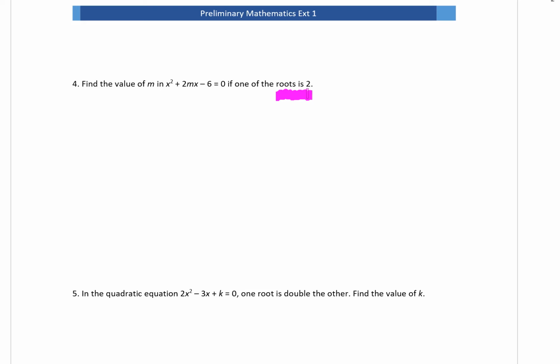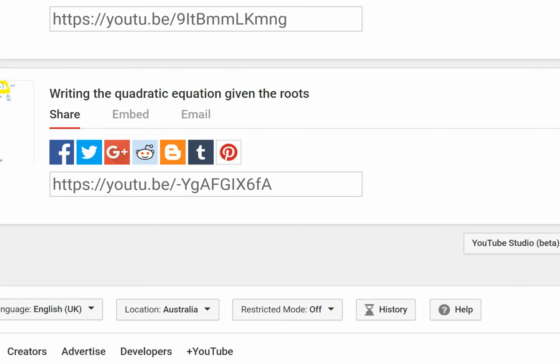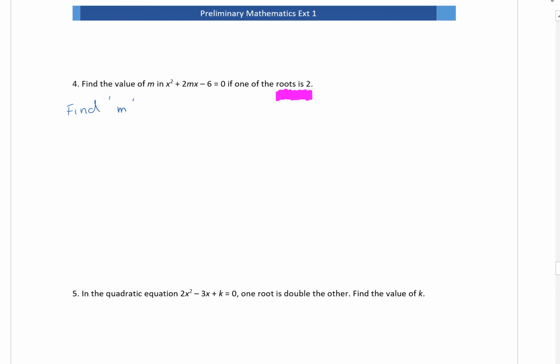Now, basic things like if you're finding m, and m is part of the quadratic, then ultimately we want an equation with m in it, and we will solve this equation for m. Well, before we can get the equation with m in it, we're going to use these concepts about the roots.